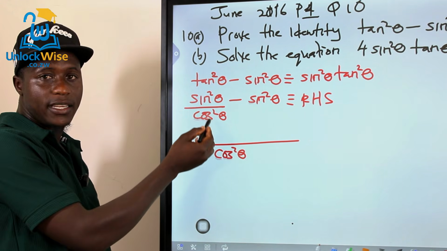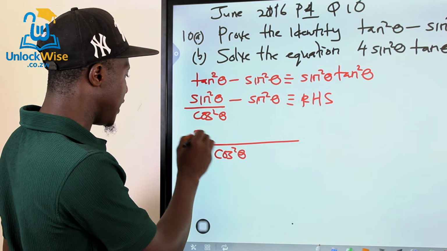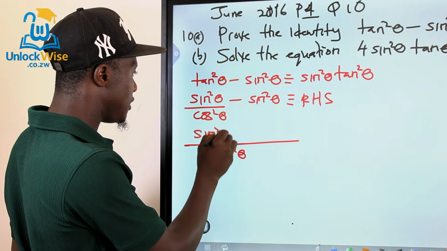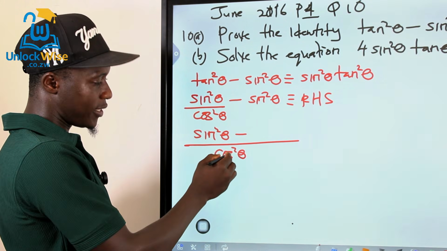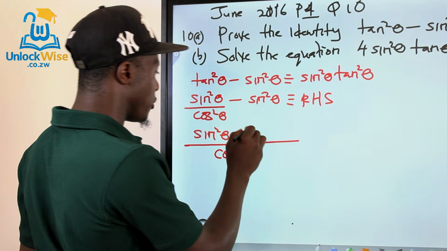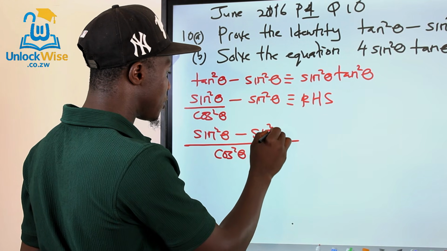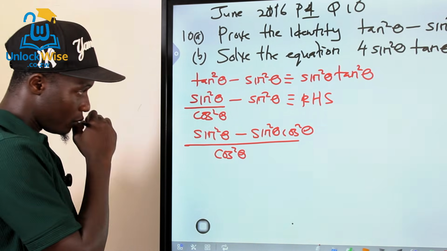So cos squared theta into cos squared theta, that's a 1. 1 times sine squared theta, we get sine squared theta, minus. Now, what is 1 into cos squared theta? That's cos squared theta. Cos squared theta times sine squared theta, we get sine squared theta cos squared theta.